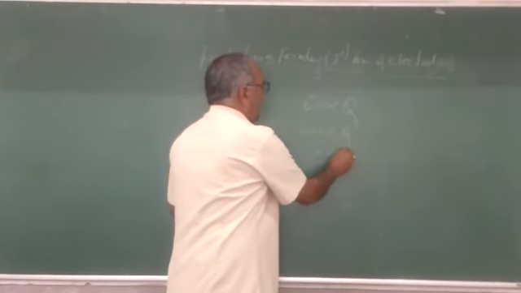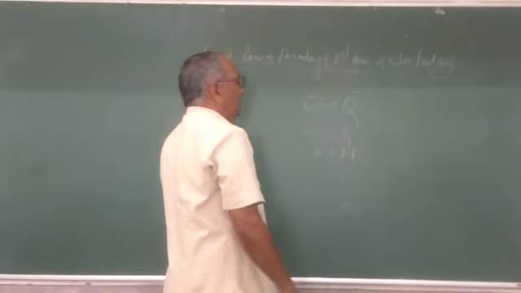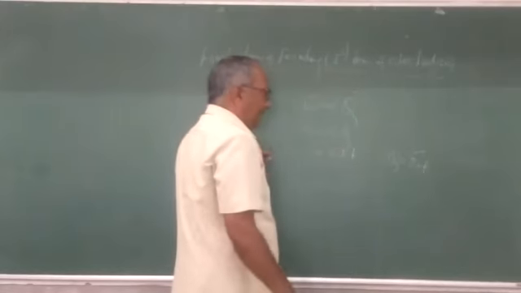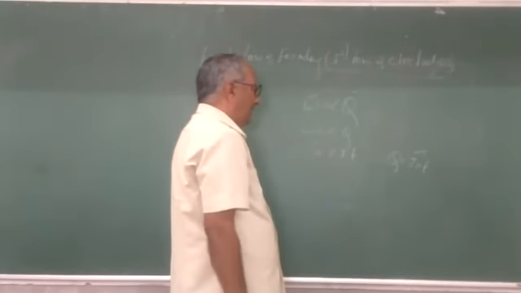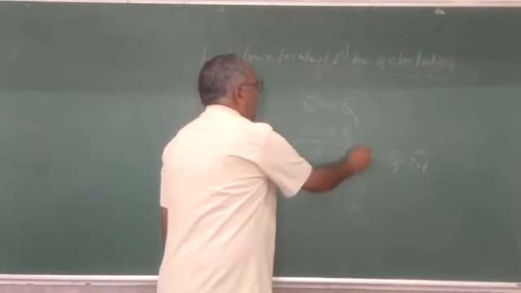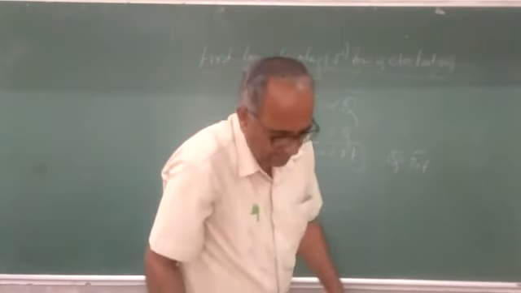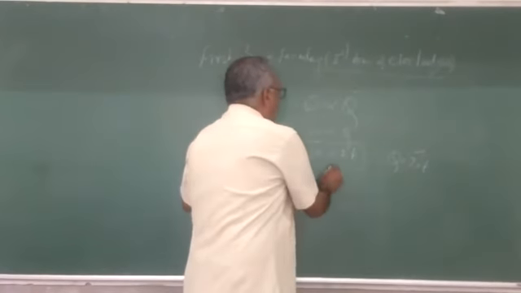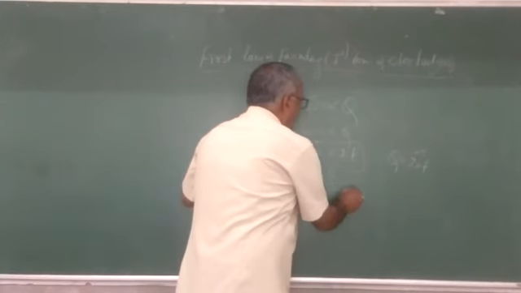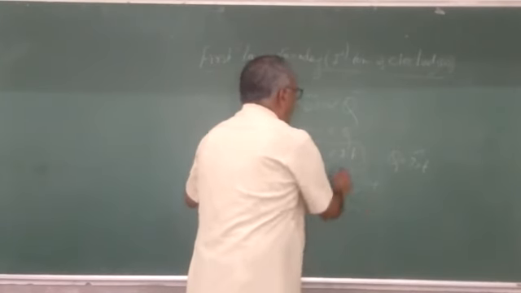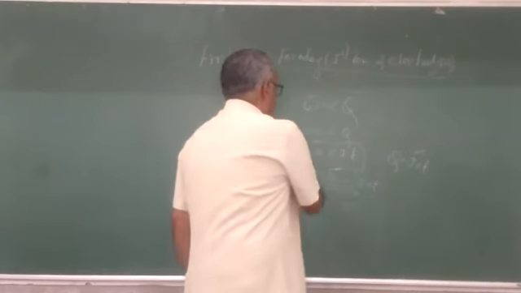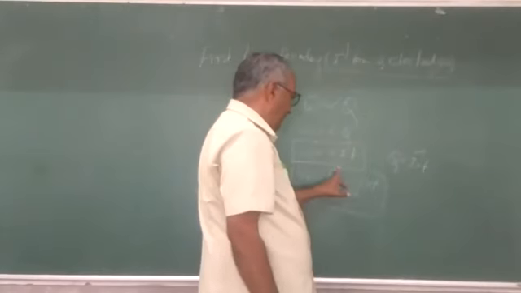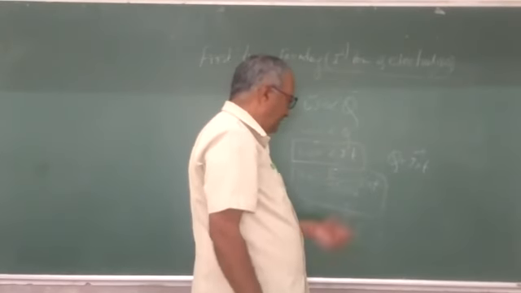Q may be written as I into T, where I is current in ampere, T is the time for which current passes in seconds. So W is equal to Z into I into T. We may write the mathematical expression as W equals E divided by 96,500 into I into T, where E is equivalent mass of the substance.